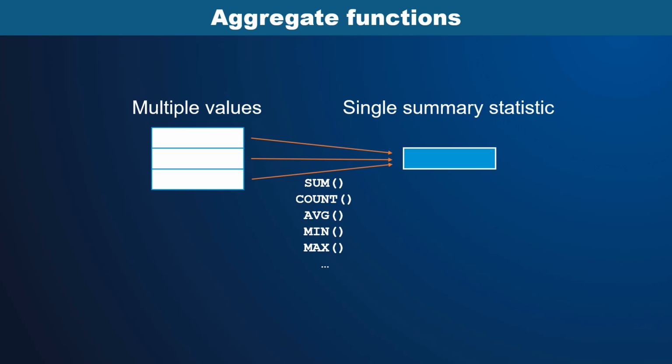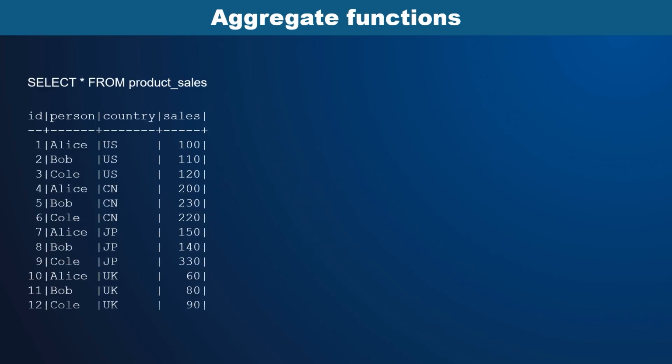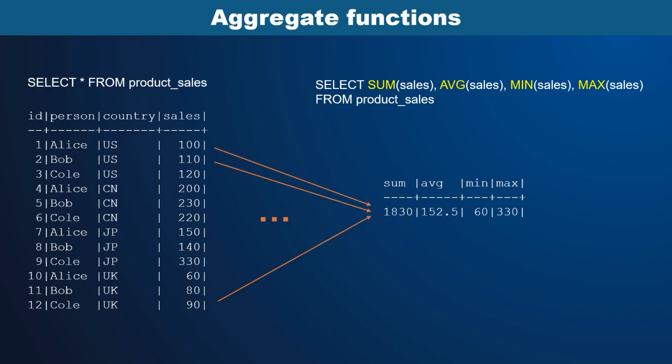Let's quickly go through some examples. Let's say we have a table like this. This table tracks the number of sales for each salesperson in each country. Let's use some aggregate functions. Just like the definition, the aggregate functions sum, average, min, max will process the entire dataset and result in a single row with the aggregated summary.